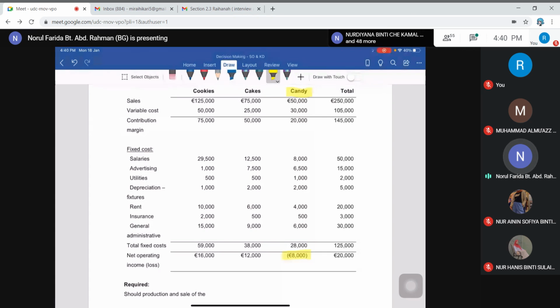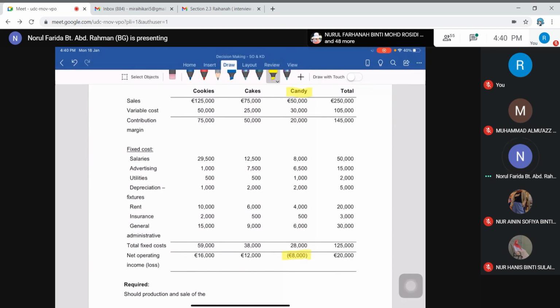Okay, 16 plus dengan 12 you get 28,000 of profit. Okay, but because candy lost 8,000, so total for the whole company making profit is only 20,000 sebab dia kena tanggung kerugian 8,000 daripada candy macam tu. Okay, so you rasa macam tak payahlah kita buat candy ni sebabnya dia rugi.